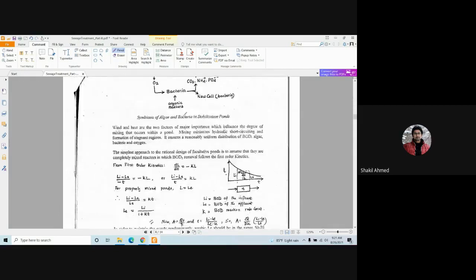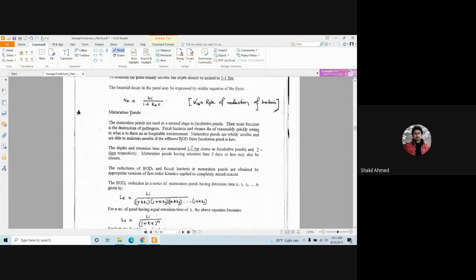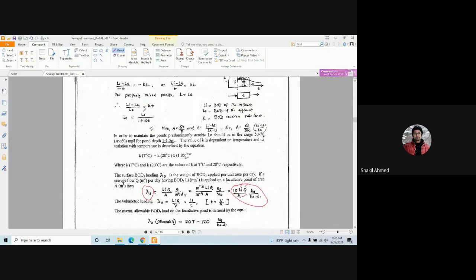Let's say for facultative pond, D should be in this range, clear, and LE should be in this range. So when you are assuming LE, you should assume something in between this. You cannot assume 200. Did I make it clear? Similarly, when you are assuming D, you cannot assume 3 meter. No. For facultative pond, you have to assume in this range. Clear?